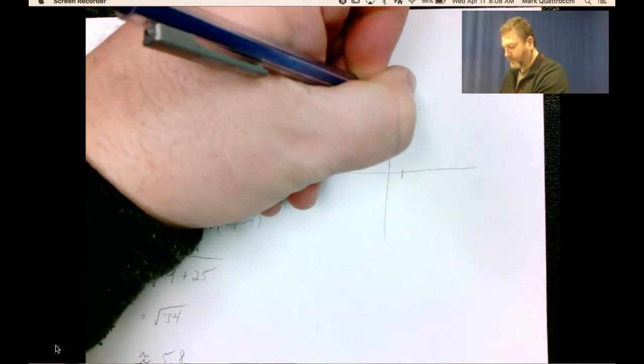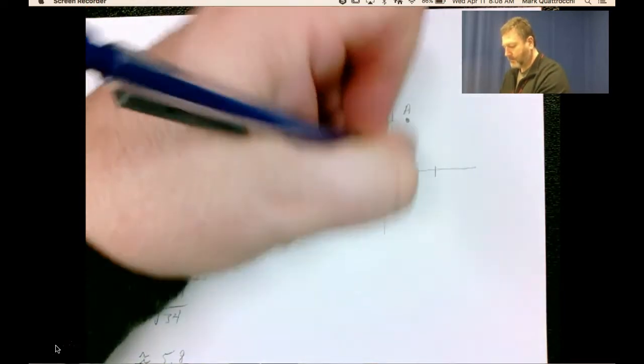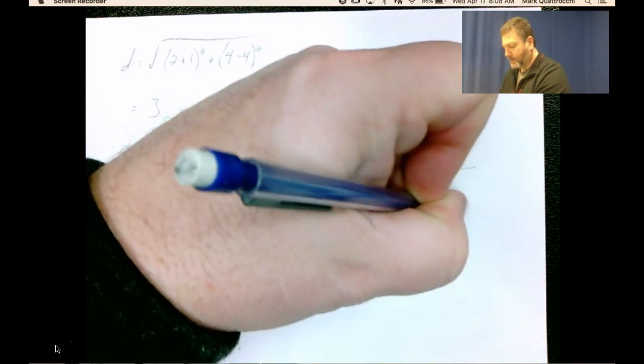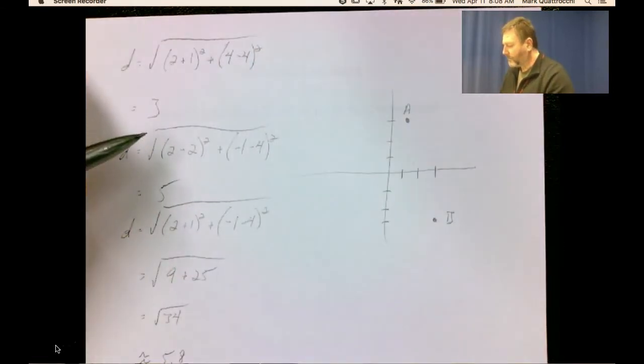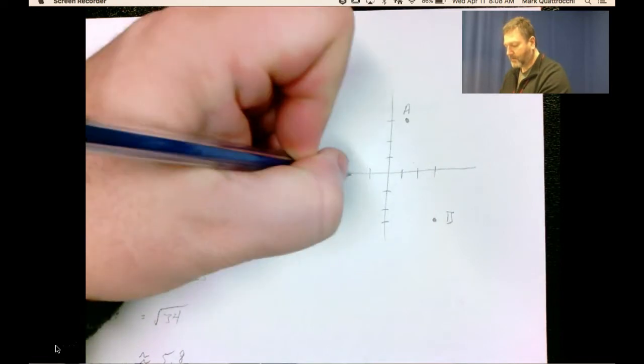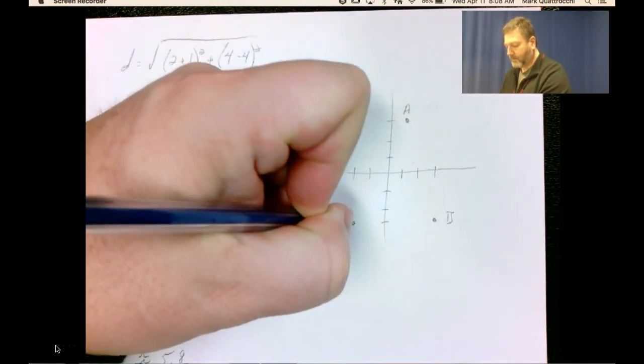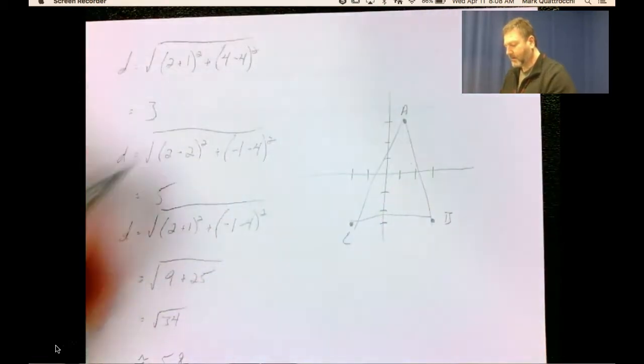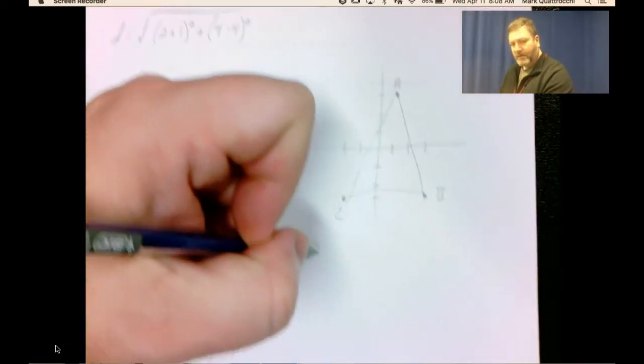This is point A, point B, and point C. Here's triangle ABC.